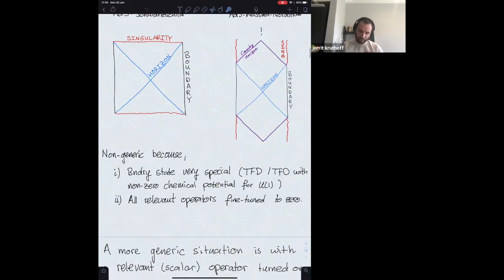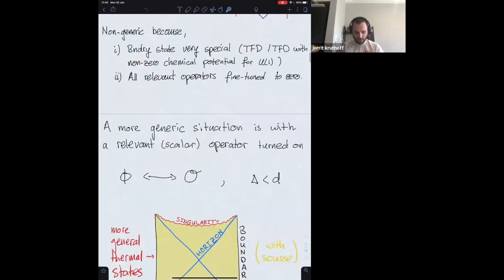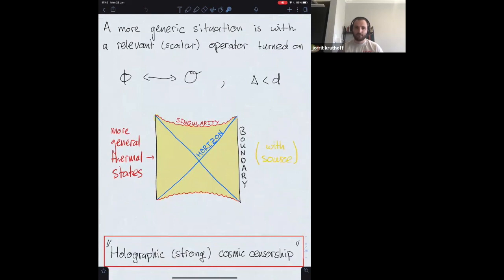And that removal of the Cauchy horizon, of course, brings about a holographic formulation of the cosmic censorship, or strong cosmic censorship, where by turning on these relevant perturbations, I can enter more generic solutions, and these more generic solutions turn out not to have special features like a Cauchy horizon.